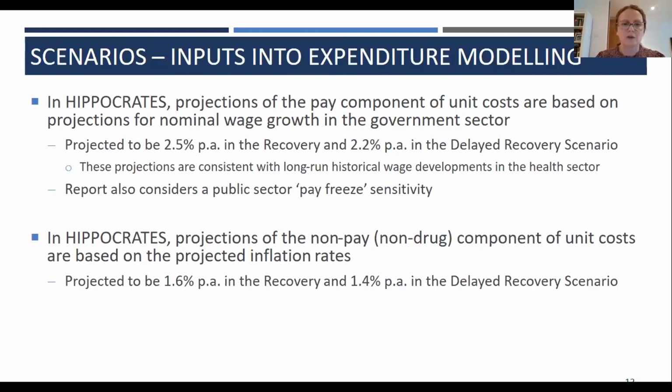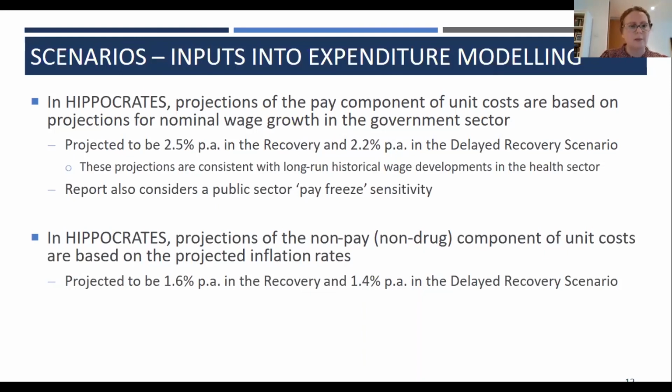These projections are consistent with long-run historical wage developments in the health sector. Then because of the uncertainty around the economic outlook and the importance of these projections for aspects of healthcare spending, the report also considers a sensitivity around a public sector pay freeze.